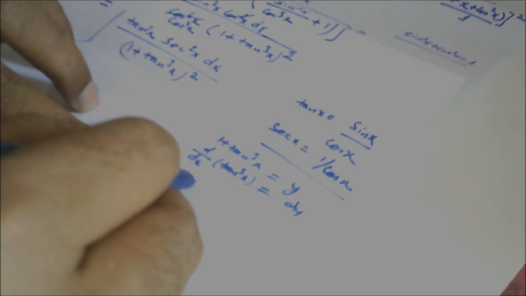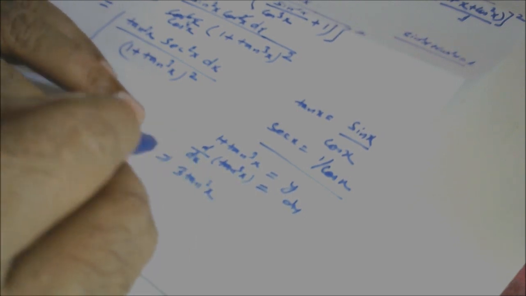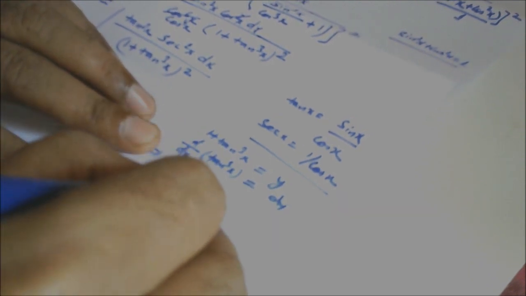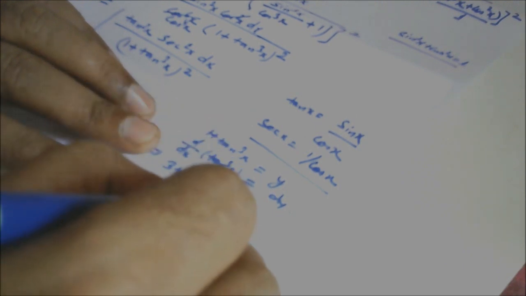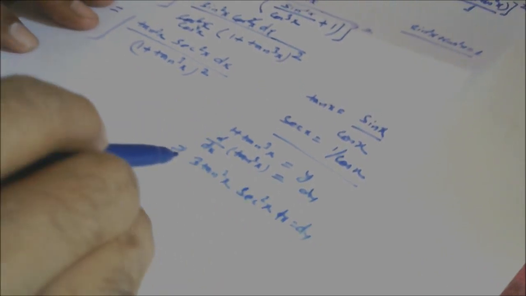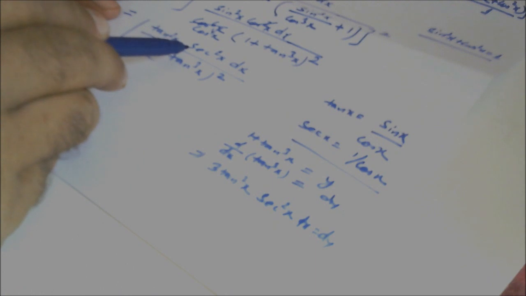This gives us 3 tan square x, and again we have to differentiate tan x because it is a function, which gives secant square x. So 3 tan square x secant square x dx is equal to dy. Here we can see tan square x secant square x dx is there, and also in the integral. It means tan square x secant square x dx is equal to dy by 3.